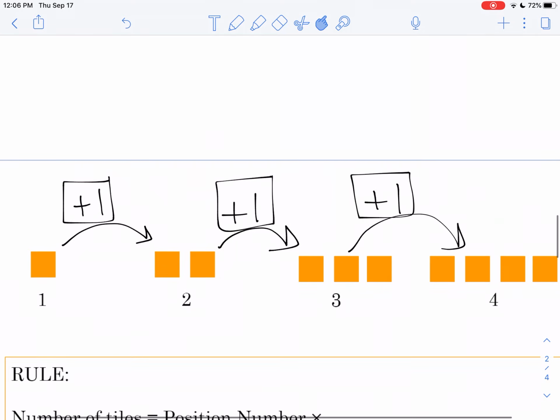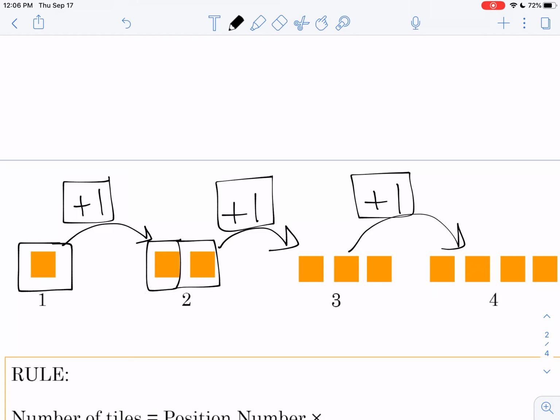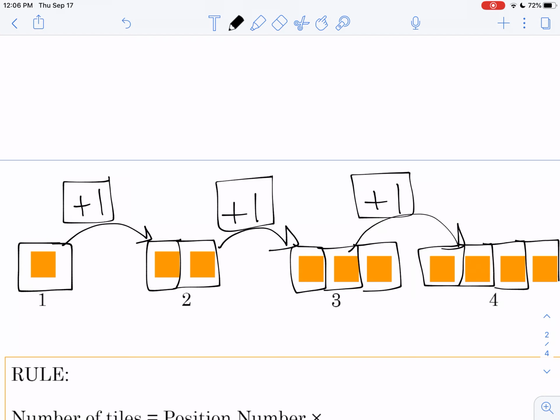And what we'll notice here is that our pattern core, or our pattern, is just 1 block. At position 1, there's 1 block. At position 2, there's 2 blocks, or 2 of those patterns. 3, there's 3 patterns of 1 block each. And position 4, there's 4 patterns of 1 block each.